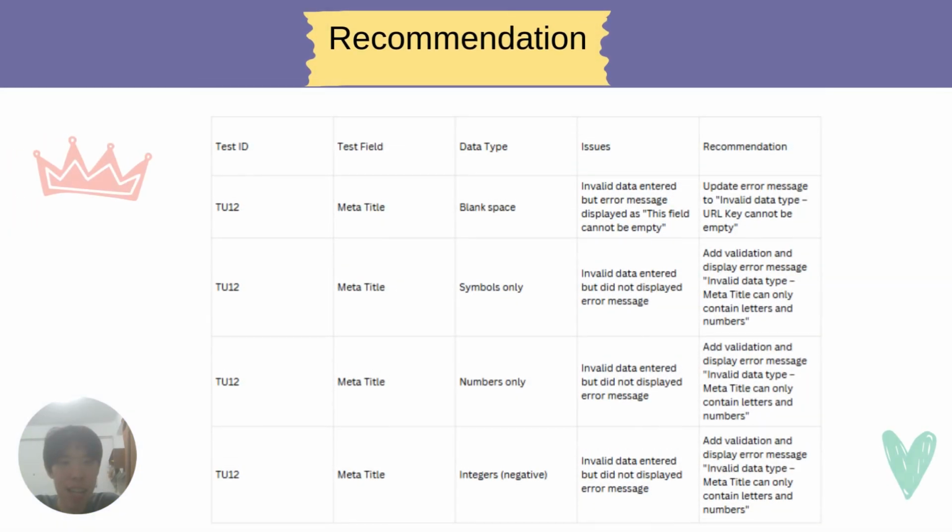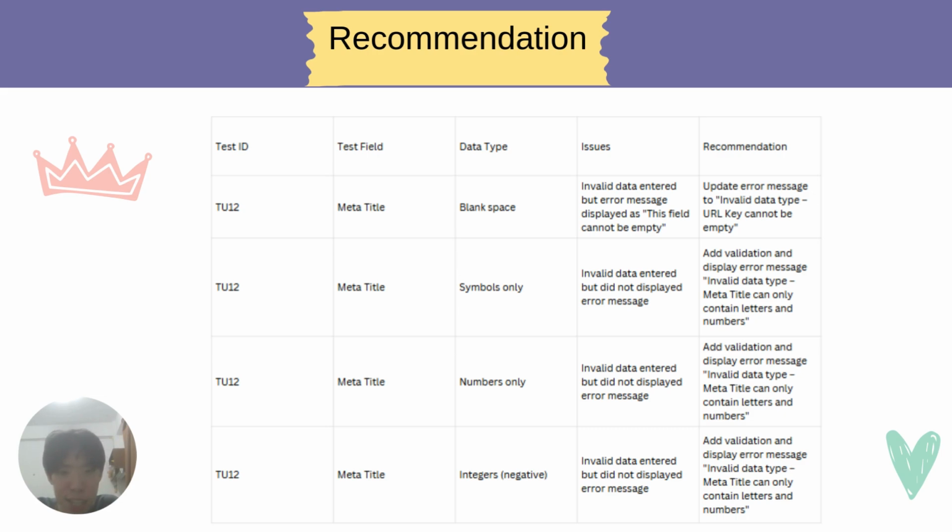This is another field test case in the product screen, the meta title, and the data types are blank space, symbols only, numbers only, and integer. They also have the same issue, which is that invalid data can be entered but the error message does not display.